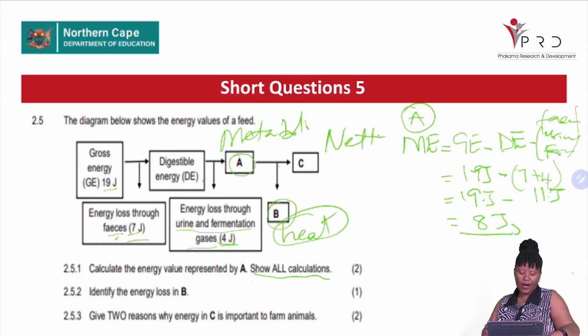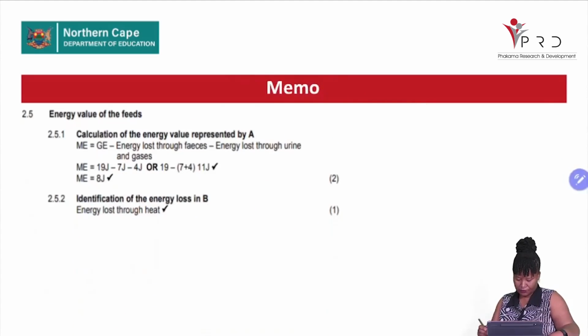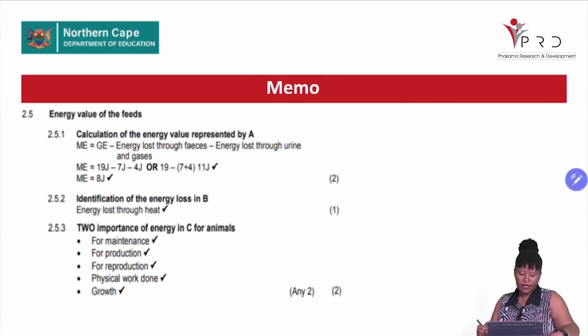Give 2 reasons why energy C is important for farm animals. It is important because it is net energy. Energy is important for what? For maintenance. At the same time, it is important for production and reproduction. Okay. We have done that. On 19 minus 7, we used this one. We say GE is lost through feces, urine, and gases.